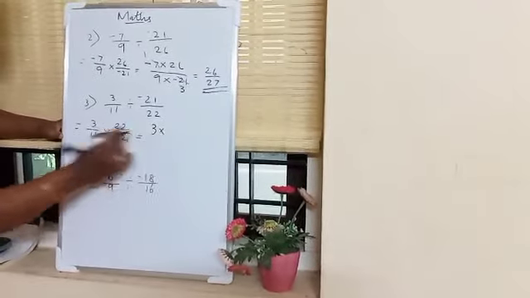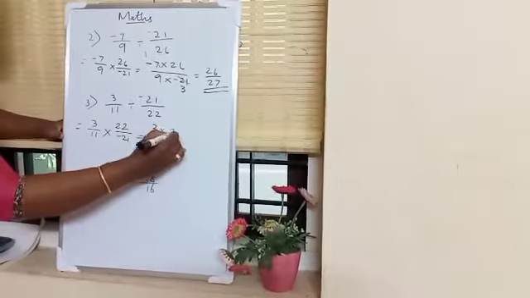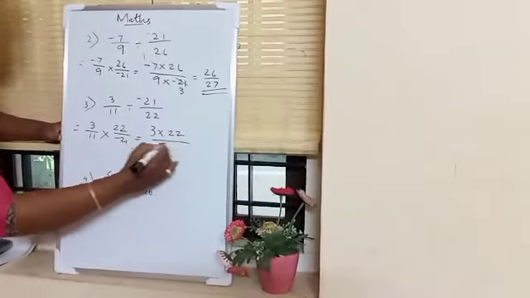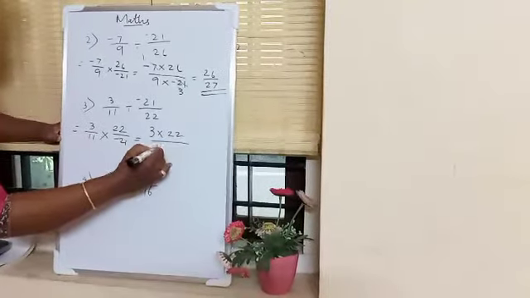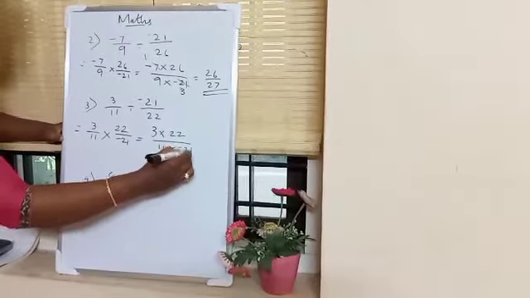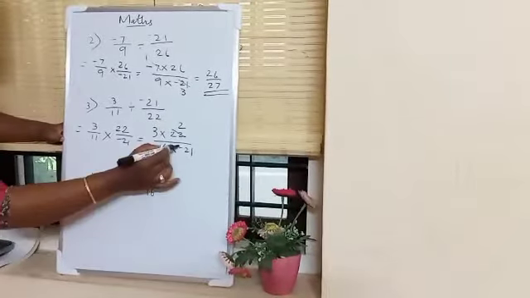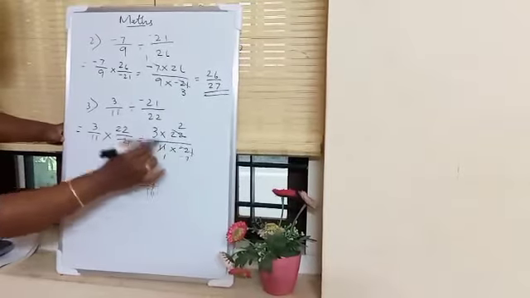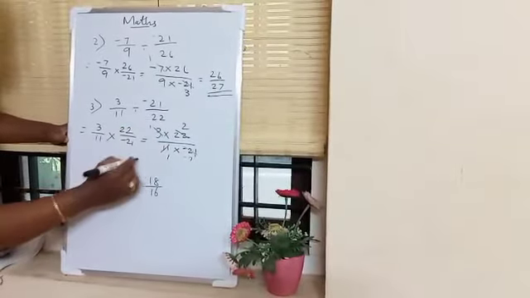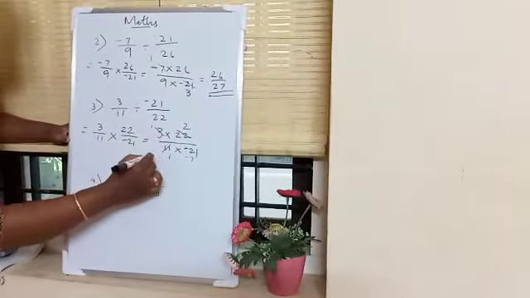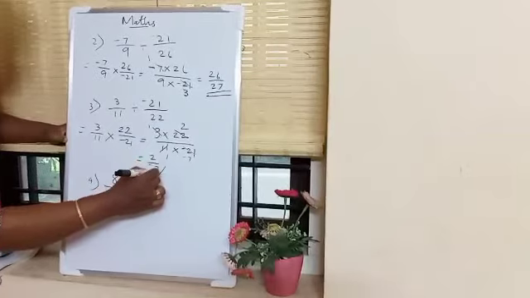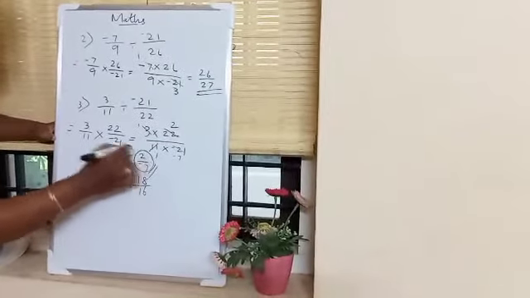We multiply the numerators, 3 into 22, divided by 11 into minus 21. 2 11s are 22. Negative 7 3s are 21. So 2 by negative 7. This is the answer.